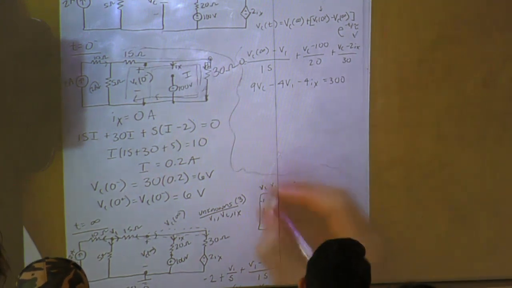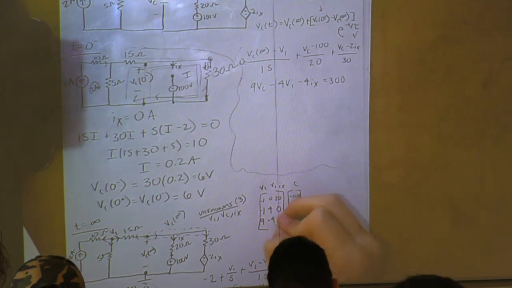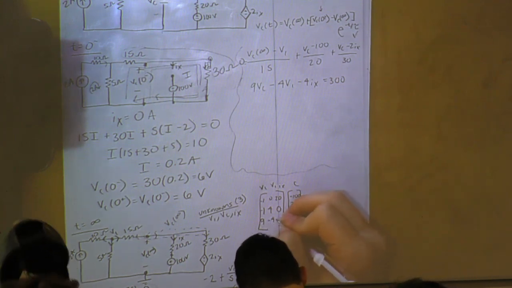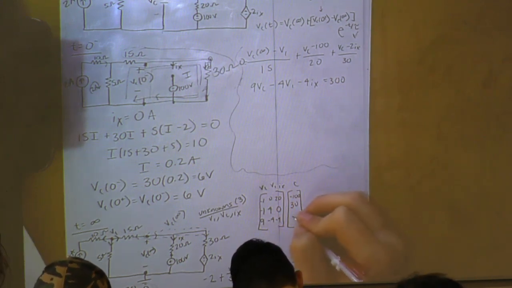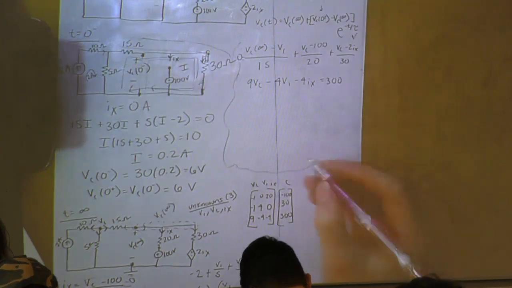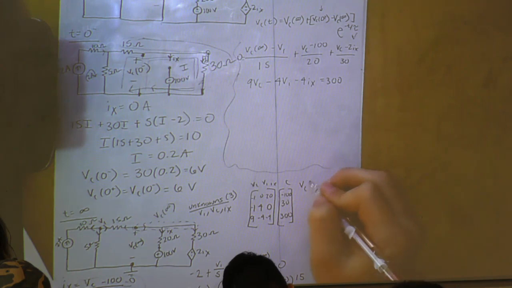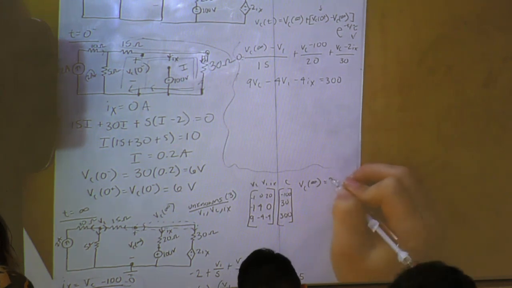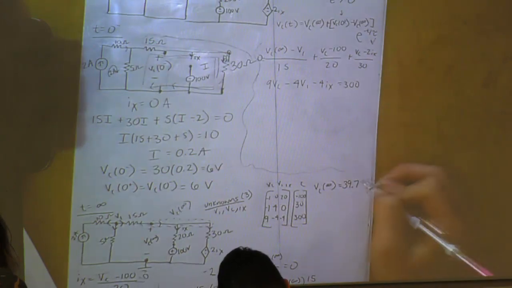So we plug that into our matrix, and we should come out to get our Vc of infinity to equal 39.7 volts.